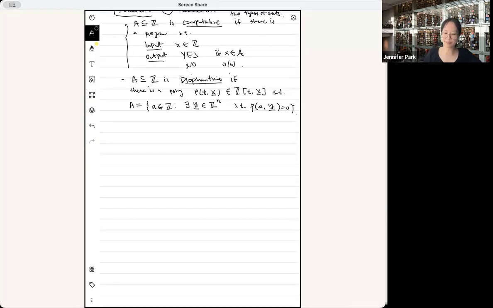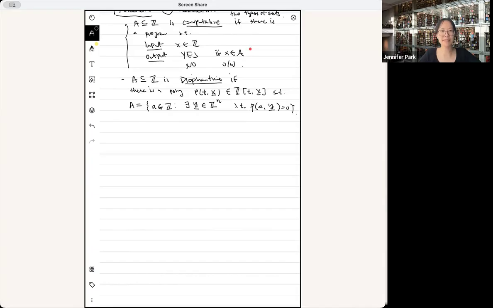Okay, so it just means that I'm looking at a set of integers such that, if I plug that integer into this polynomial, then does the rest of this polynomial have an integer solution or not? If it does, then it belongs in A, and if it doesn't, it doesn't belong in A.